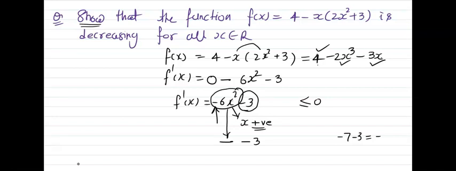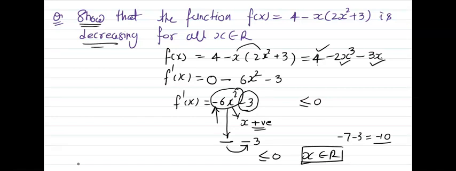Minus 7 minus 3 will remain minus 10. It will remain negative or not? So this is minus and this is minus. Together it will be negative. Negative means less than 0. So you can take any value of x. x belongs to real numbers means for any value of x, it is negative. So this is what the question is. You need to show it is decreasing. Yes, yes.